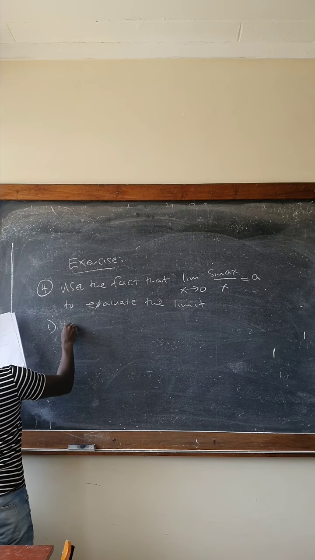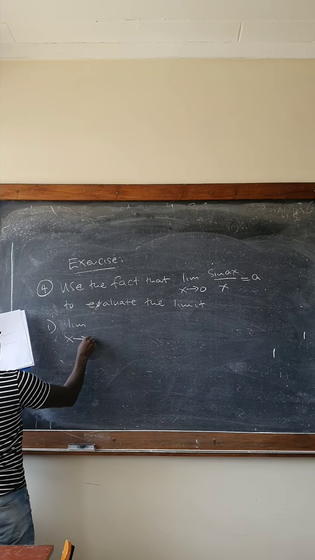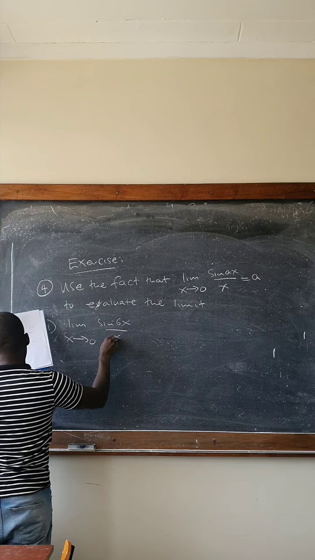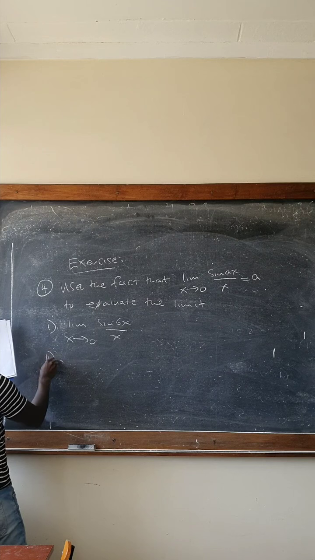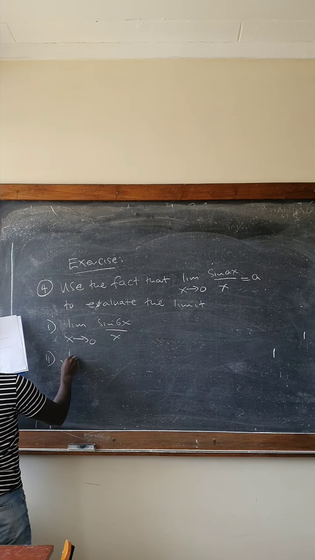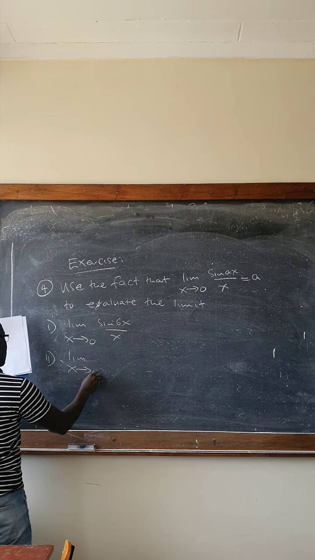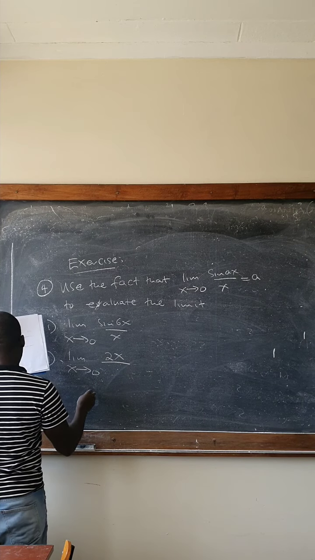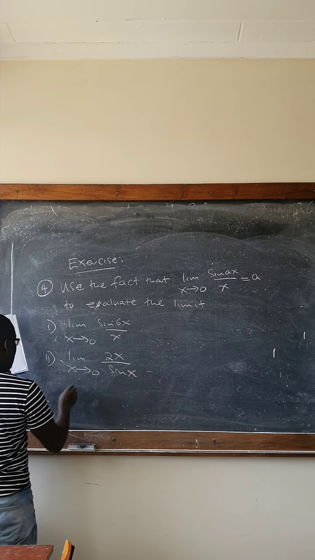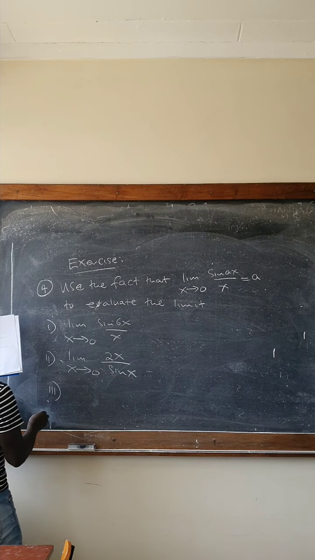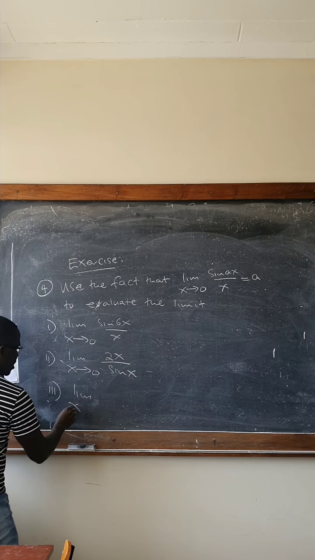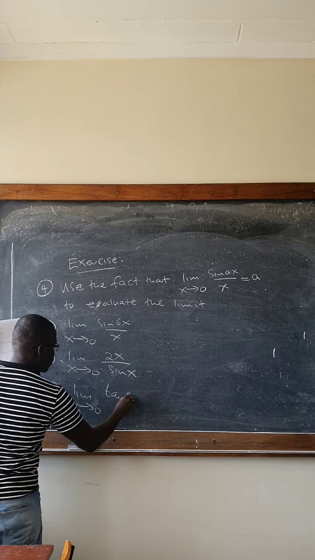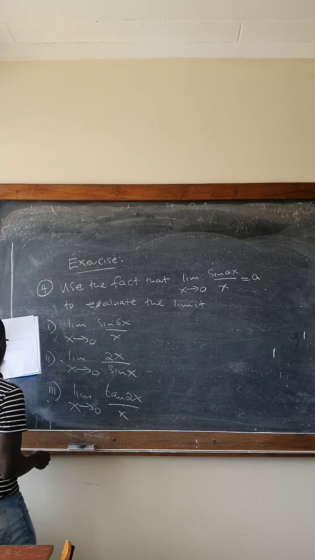One is the limit as x tends to 0 of sine 6x over x. 2, the limit as x tends to 0 of 2x divided by sine x. And 3, the limit as x tends to 0 of tan 2x over x.